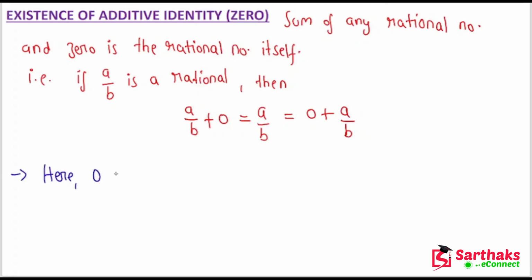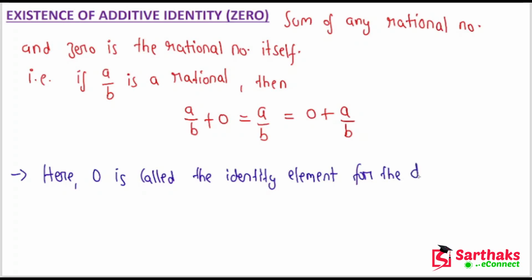Here, 0 is called the identity element or additive identity for the addition of rational numbers. So 0 is the identity element or additive identity.